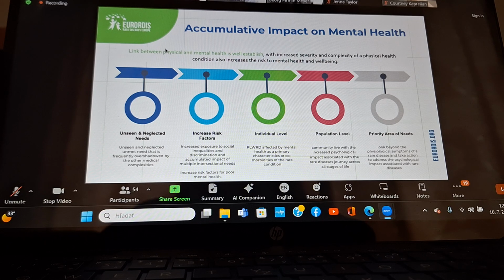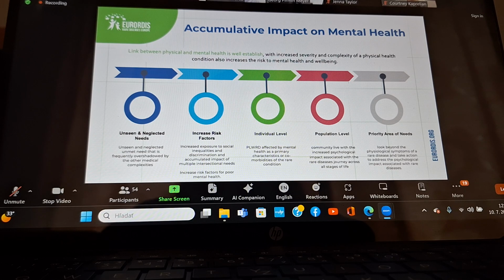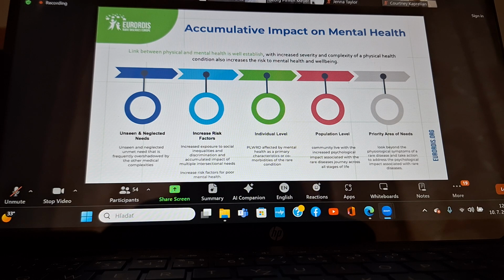I always think about the impact of rare conditions on mental health on two levels. On an individual level, there's some rare conditions where mental health is a primary characteristic or a comorbidity of that condition. A lot of rare and complex epilepsies and neurofibromatosis type 1 are some examples.